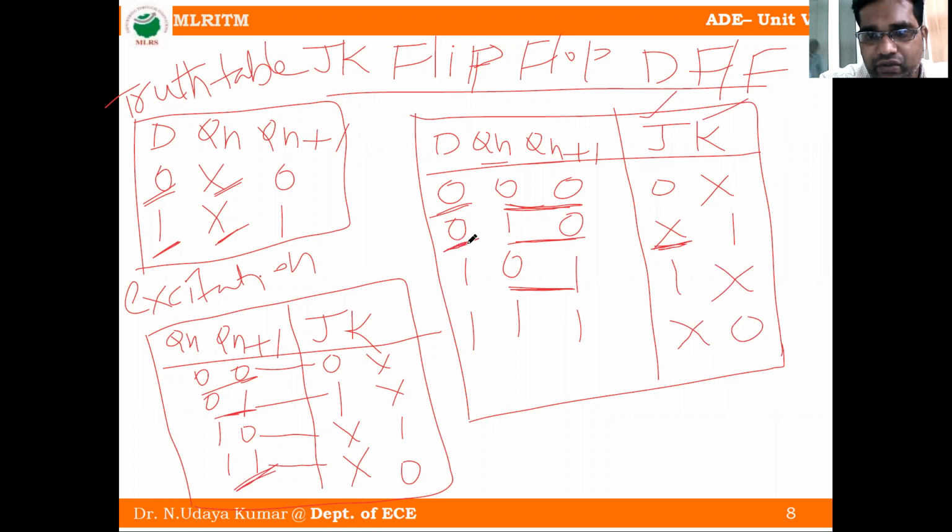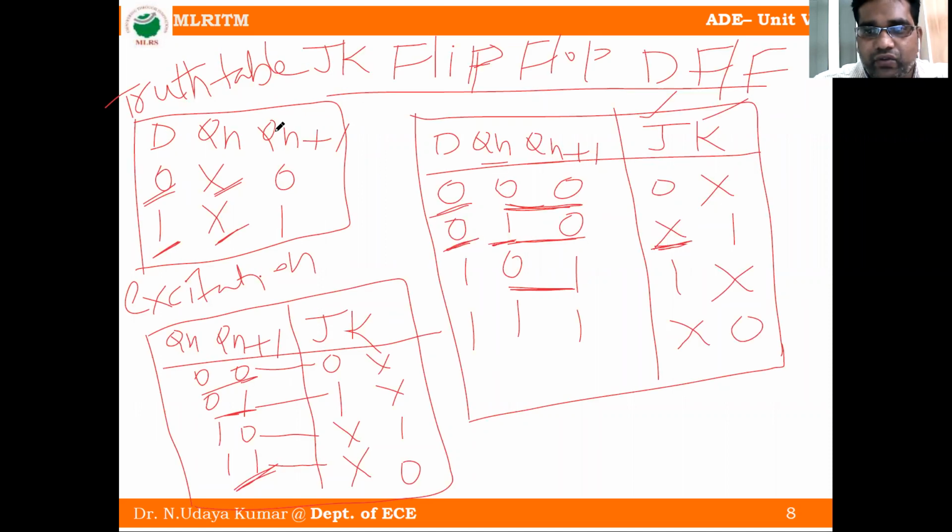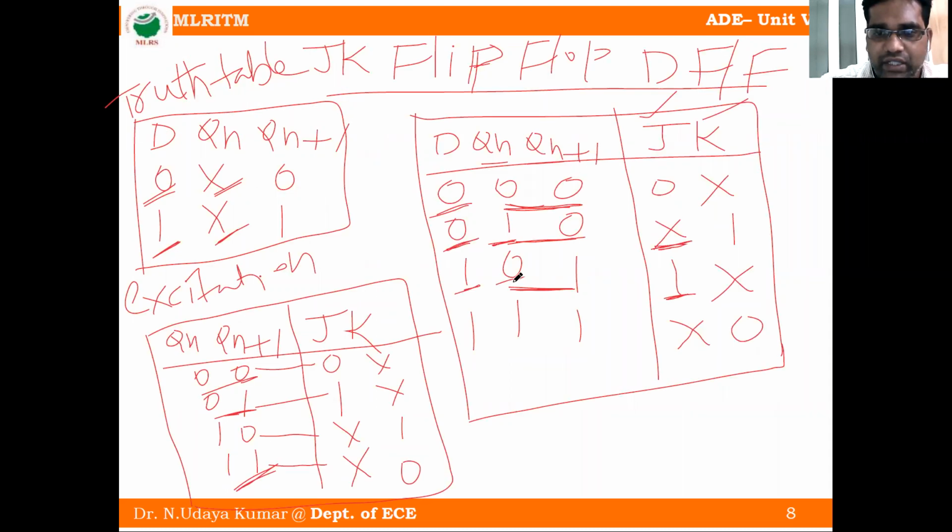If D is equal to 0 and Qn is equal to 1, we will get don't care. Then, if D is equal to 1 and Qn is equal to 0, we will get 1.